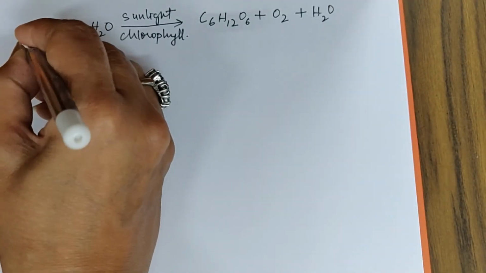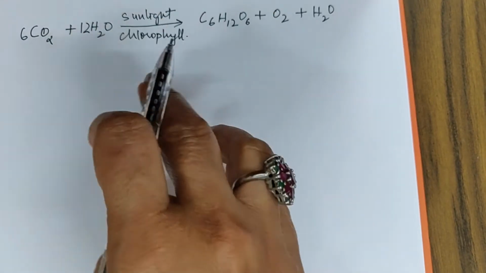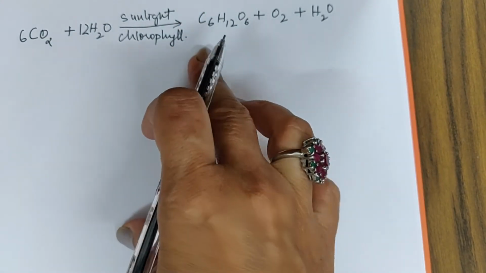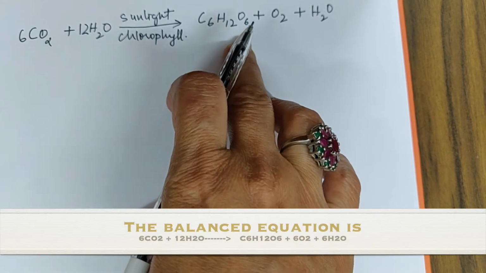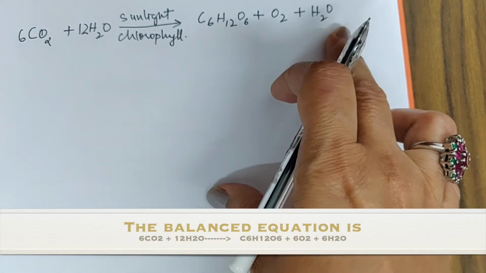So 6 carbon dioxide and 12 water, in the presence of sunlight and chlorophyll, get converted into carbohydrate, oxygen and water.